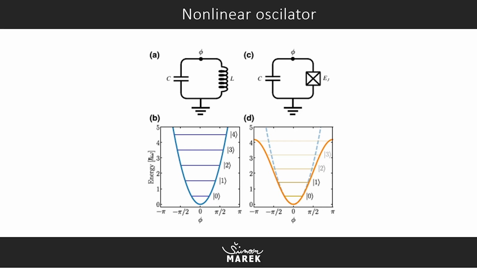Basically, you can see the difference between a normal oscillator with an inductor and a Josephson junction is that it requires infinite energy to reach higher levels with normal inductors, and the Josephson junction is superior in this case.